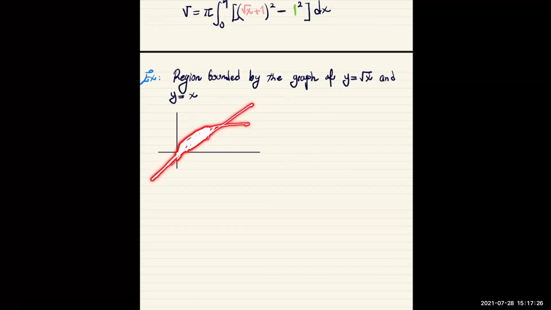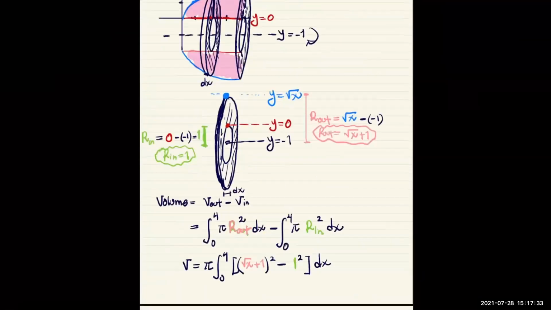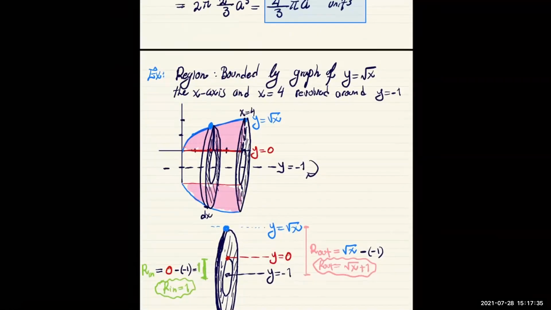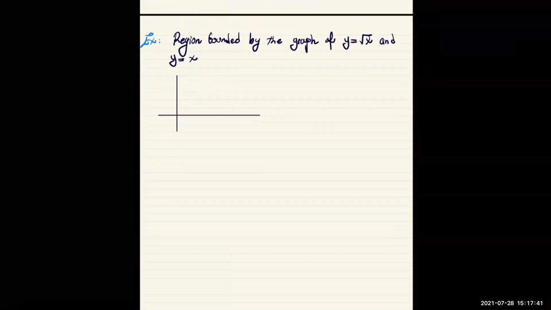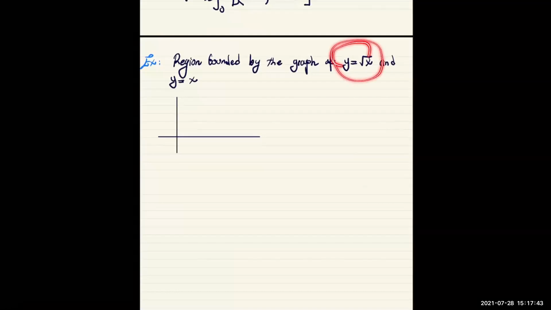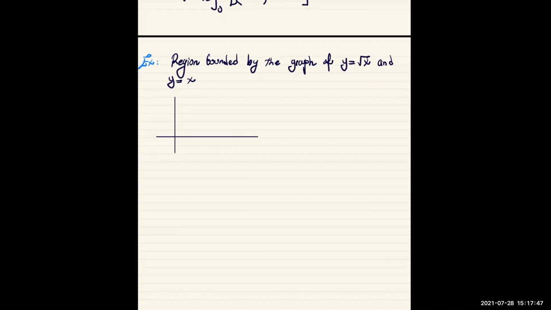And it has 2 points of intersection. So we got to find those. I didn't have that here though. I just had the graph of square root of x and just the x-axis. But here you have two graphs that are bounding the region. So please find the points of intersection.